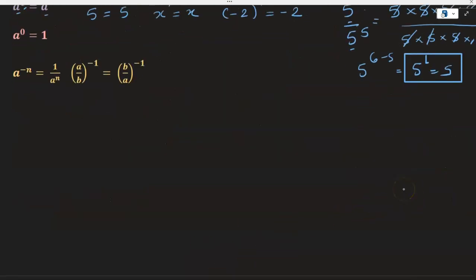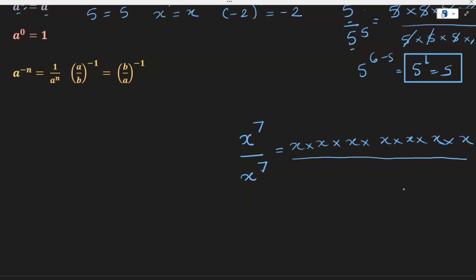Let us take an unknown this time: x to the power 7 divided by x to the power 7. Now students, you very well know x to the power 7 means x is multiplied 7 times, and again the denominator is x multiplied by itself 7 times.